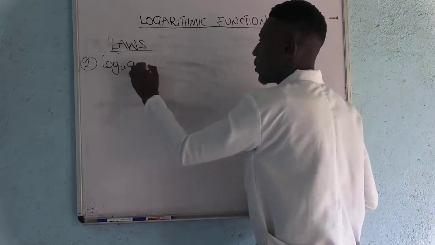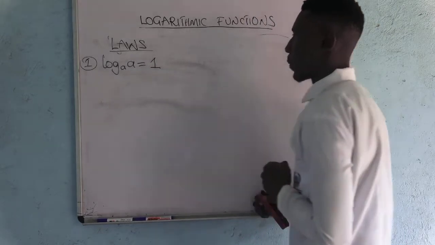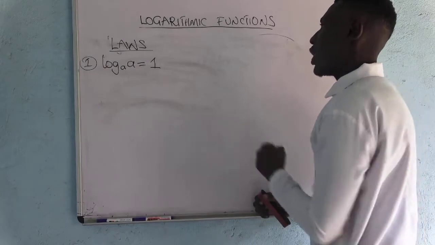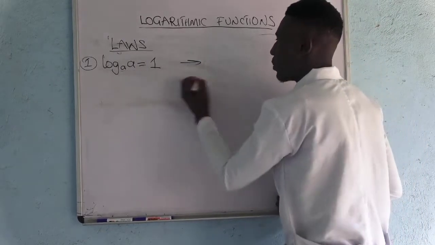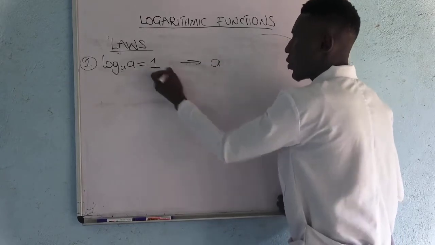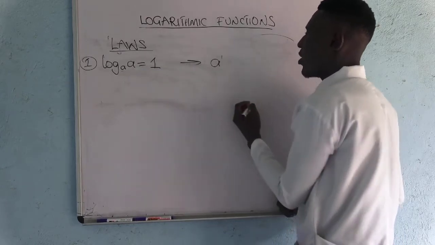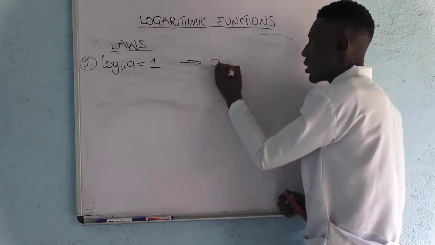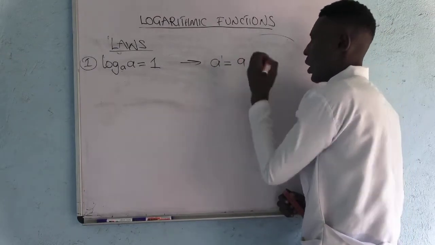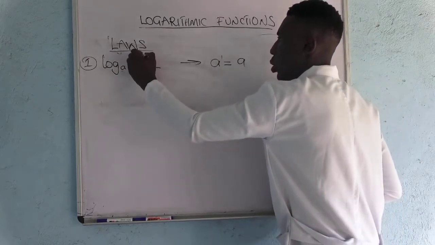This will simply give you 1. If we change it into exponential form, a is our base, 1 is our exponent, and we know that any value of a raised to the power 1 will simply give us a.